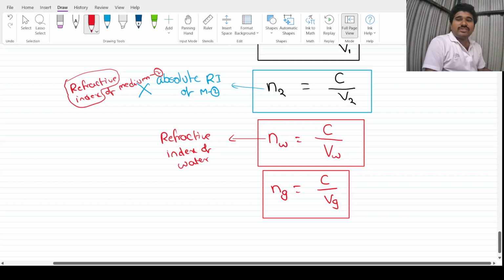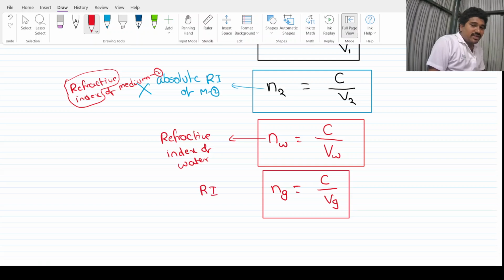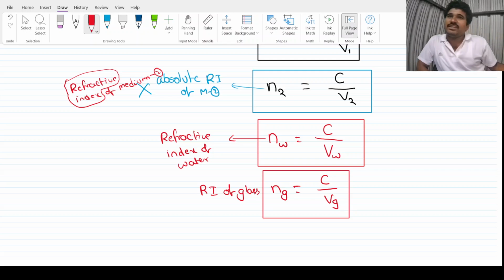That is nothing but the refractive index of glass. Any confusion? No confusion.